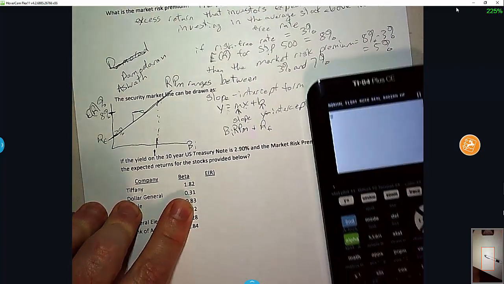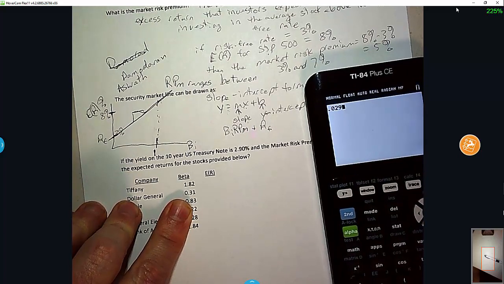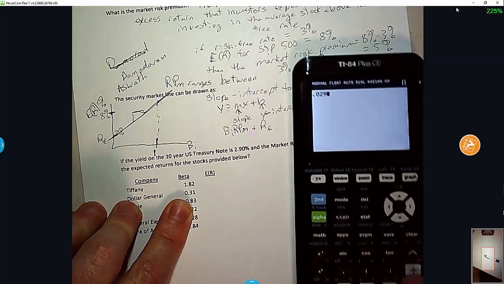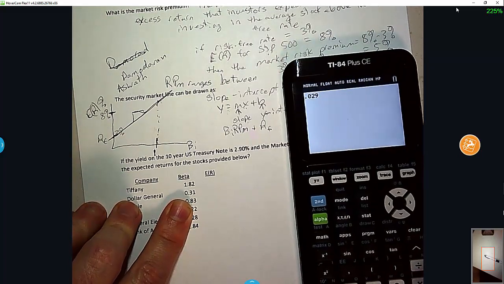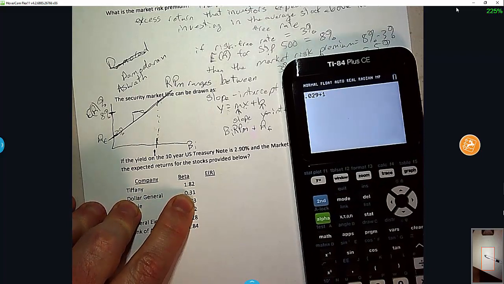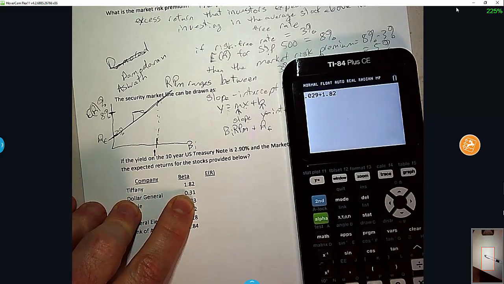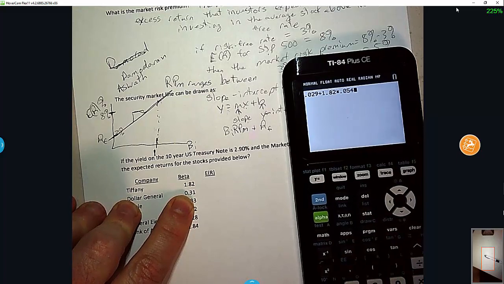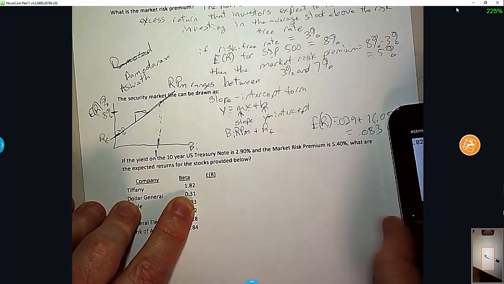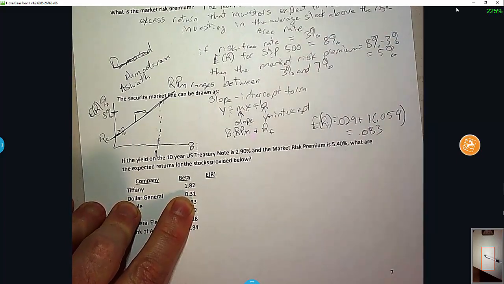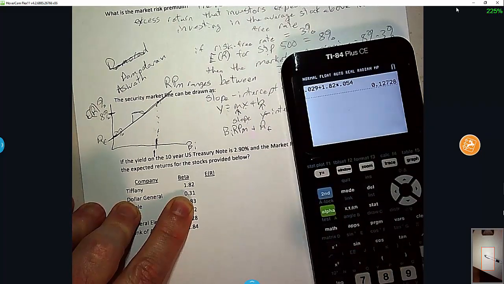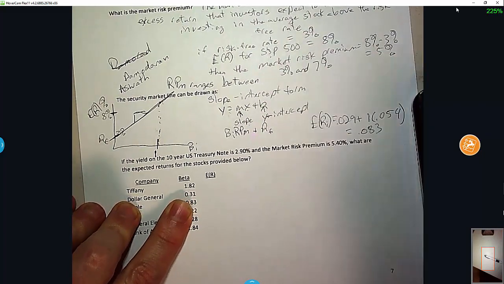So for Tiffany, we're going to take 0.029, that's our risk-free rate, plus 1.82, our beta, multiplied by 0.054, our market risk premium, gives us a value of 0.1273.